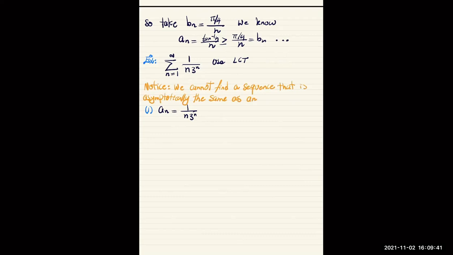A sub n, because there is a single term on the numerator and denominator.